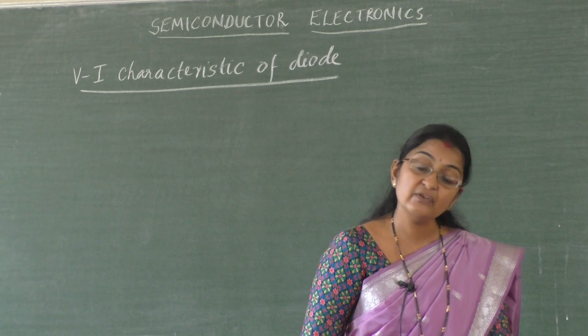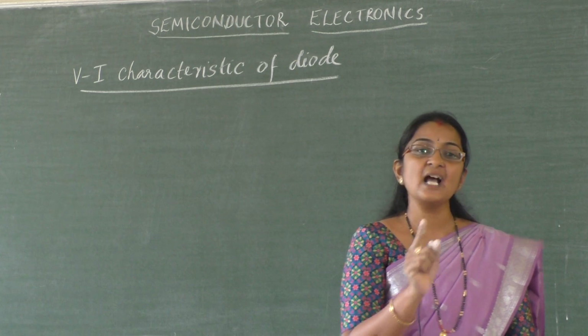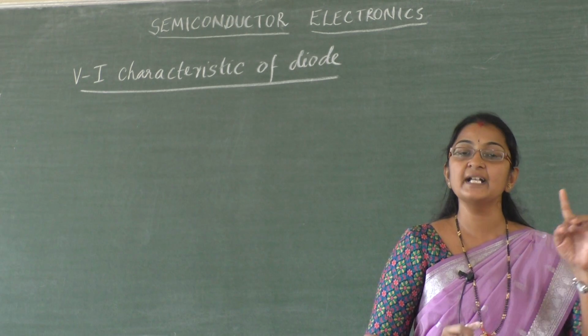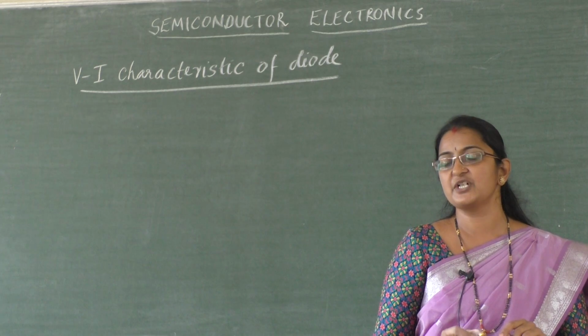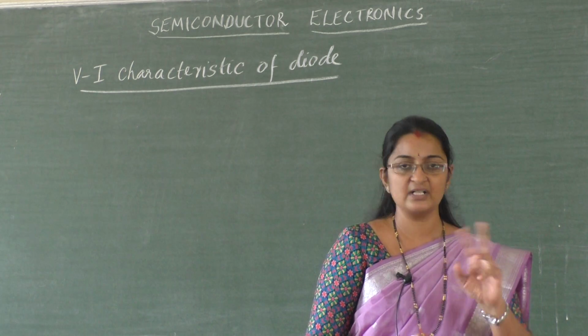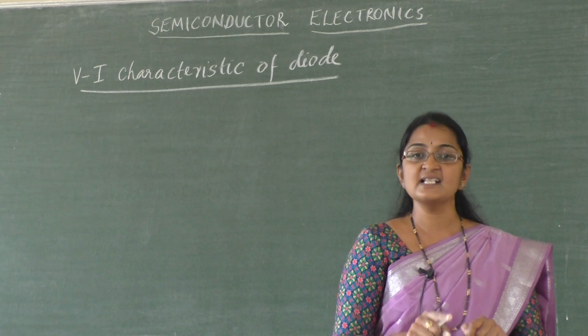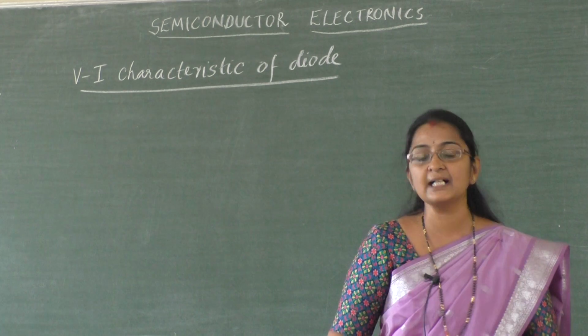What happens in reverse bias? Reverse bias is when P side of the diode is connected to negative terminal of the battery and N side is connected to positive terminal. Reverse of that of forward bias. Now what happens during this time? The resistance of the diode increases.